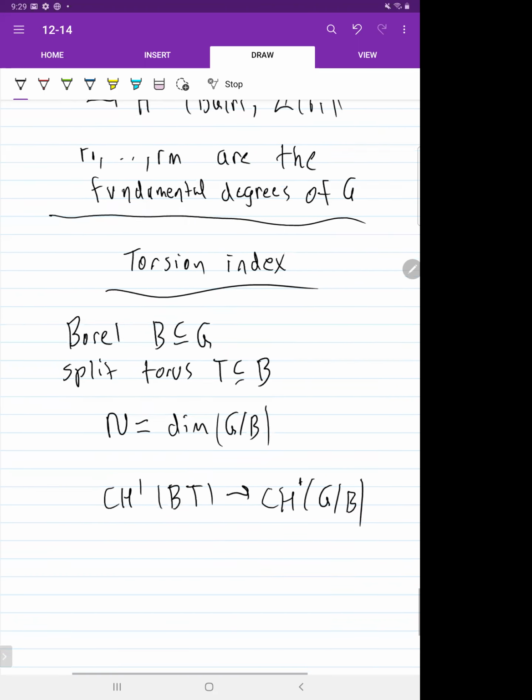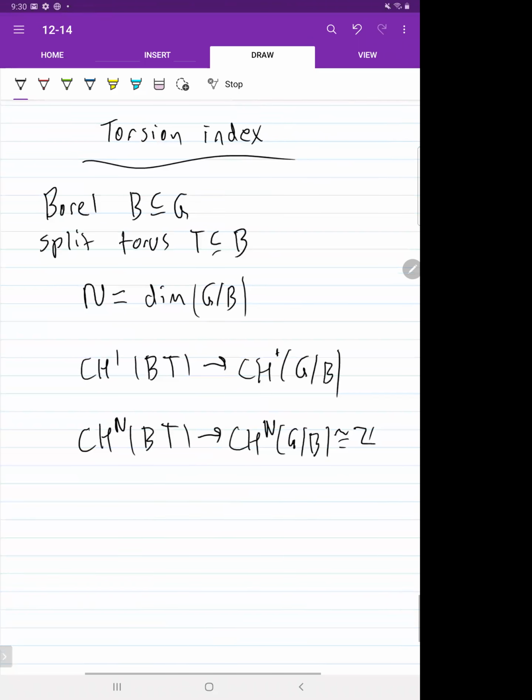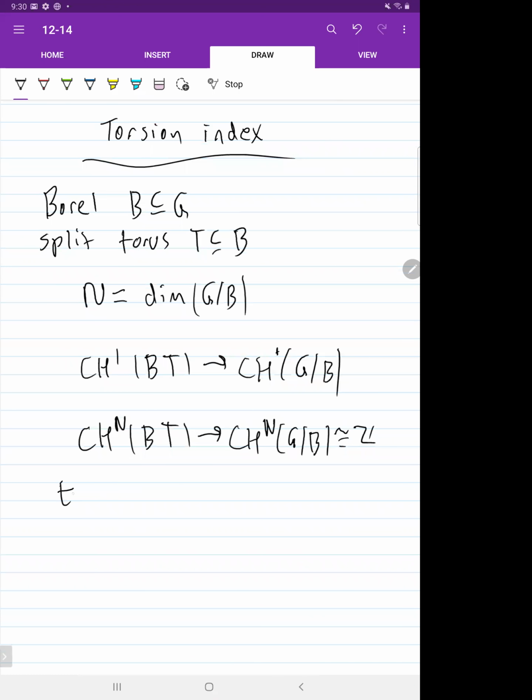And then taking products, we get a map from CH^N of BT to the codimension N Chow group on the flag variety, and this is isomorphic to Z. So then we say the torsion index is the order of the cokernel of this.